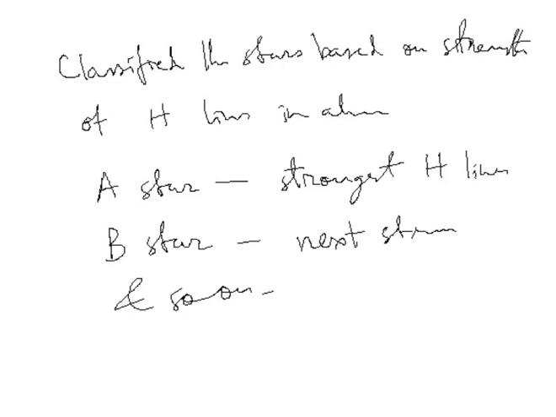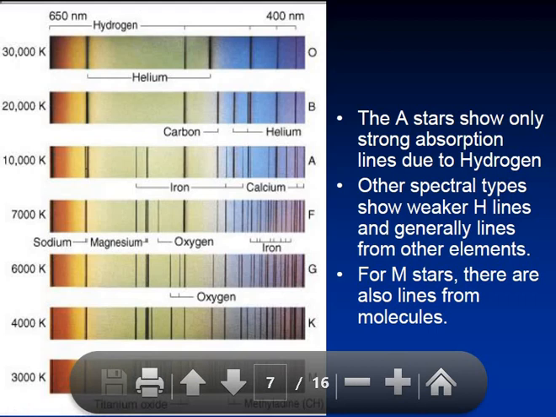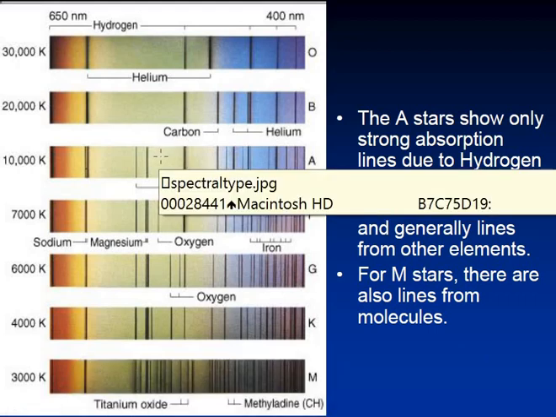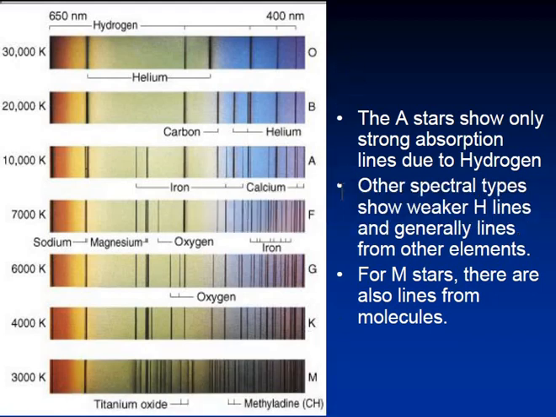Now, let me show you an example. This thing I have already shown before, but this one is different. This time I am showing you the spectra corresponding to different stars. So, the A star shows only strong absorption lines due to hydrogen.